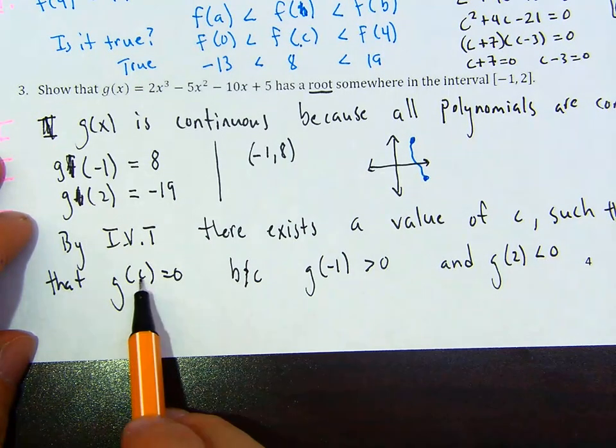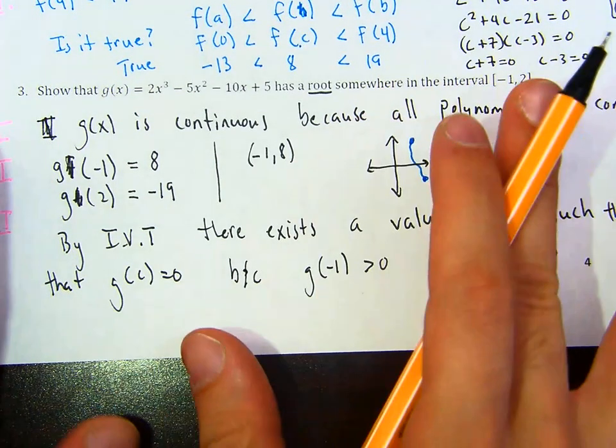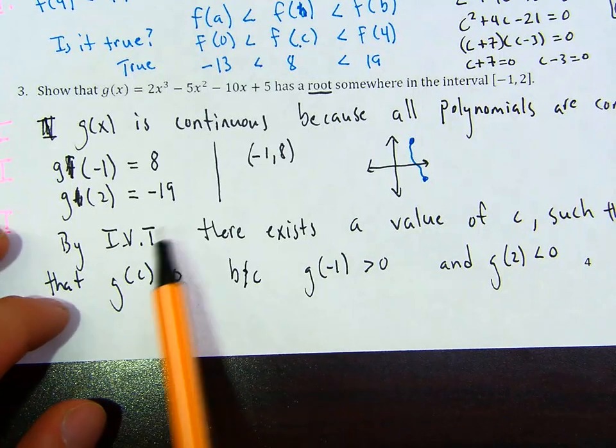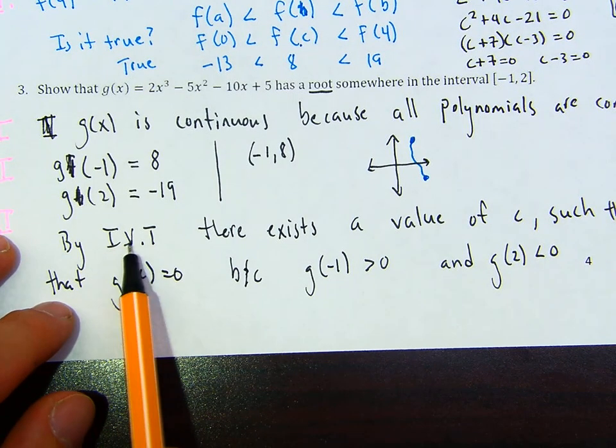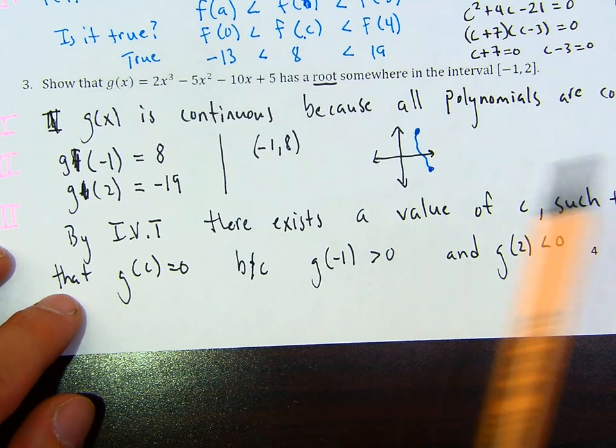What that c value is, we could find out, but that's not what the question is asking. It's just saying, show that a root has to be there, and a root has to be there because of the intermediate value theorem, and we checked all 3 conditions, okay?